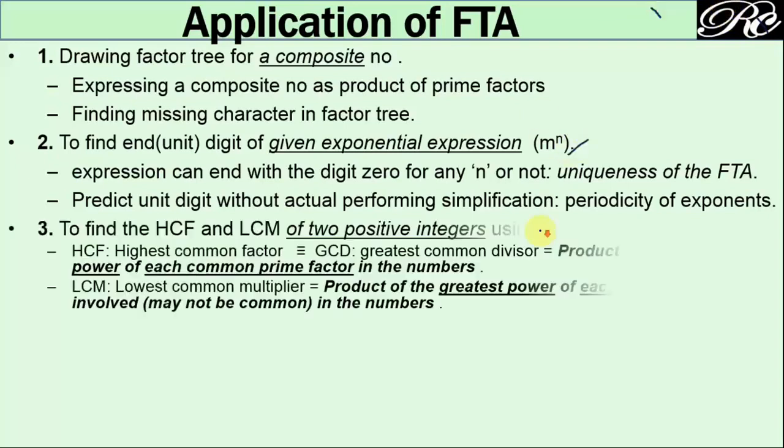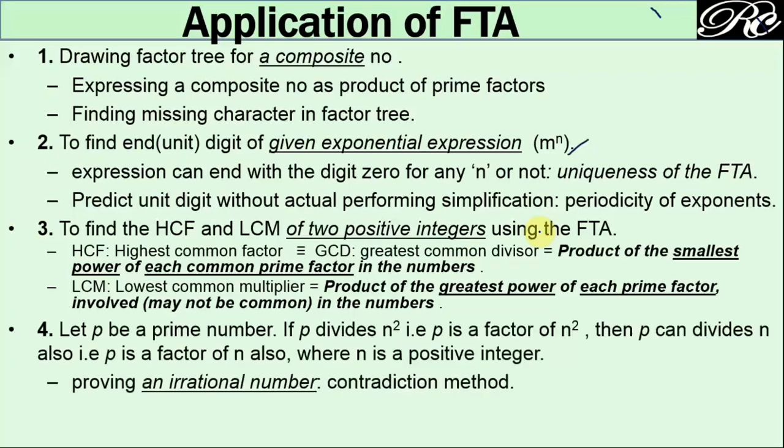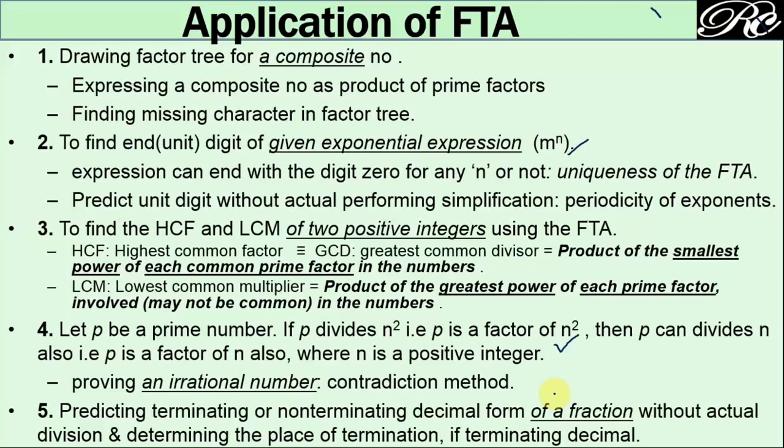Then the next category is calculation of LCM and HCF. This we will discuss in more detail. The next category is the contradiction method, or proving a number as irrational, like say you have to prove root 2 as irrational, it is this concept. And the next category is predicting the decimal of a fraction, whether it will be a terminating or non-terminating decimal. If it is terminating, then after how many places it is going to terminate. So let us start one by one.